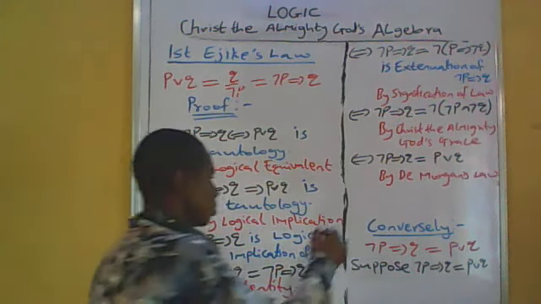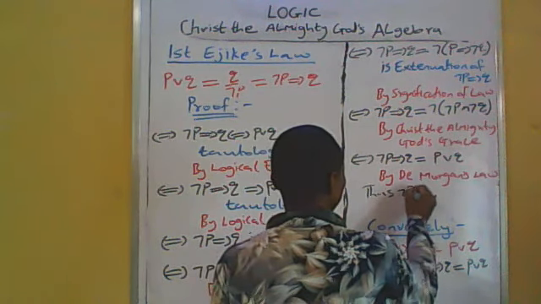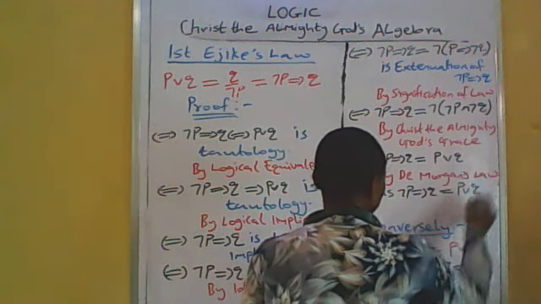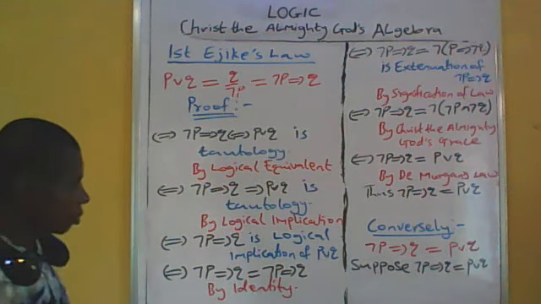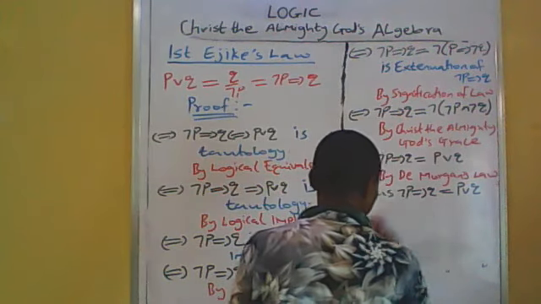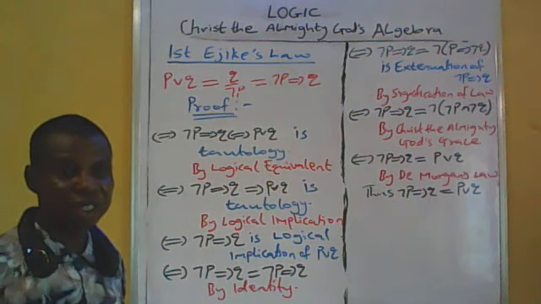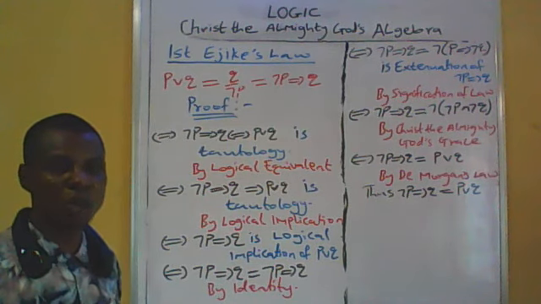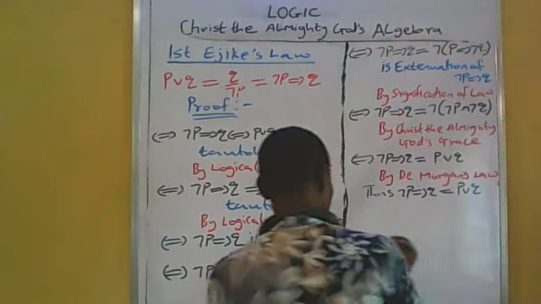We say thus not P implies Q is equal to P or Q. Having proved the converse now, we can establish that P or Q is equal to Q upon not P is equal to not P implies Q is first Ejike's law.